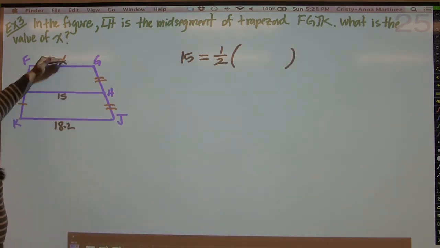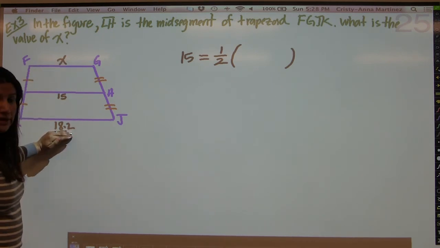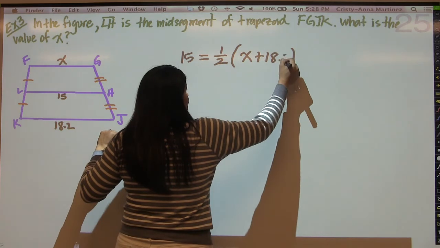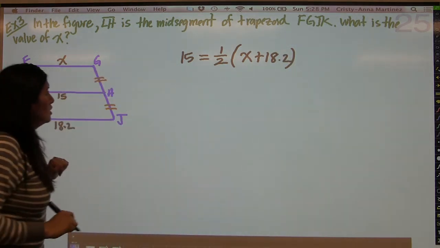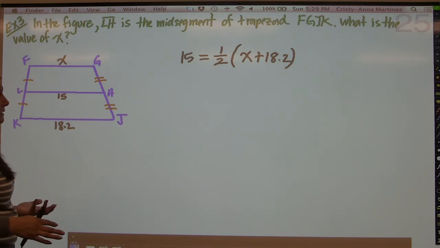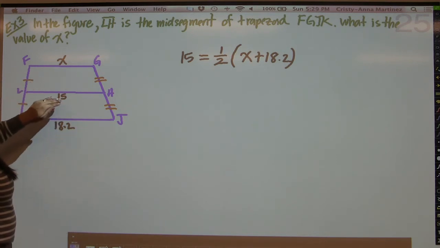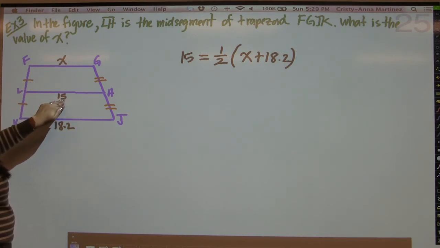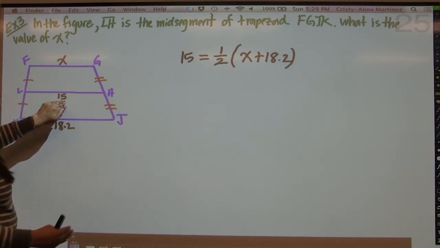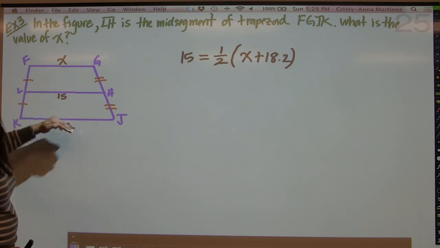The bases are x and 18.2. So now we basically have an algebraic expression and we just need to solve for x. Again, I want to reiterate that the mid-segment was LH and it's marked as 15, so the mid-segment should equal half the sum of the two bases.